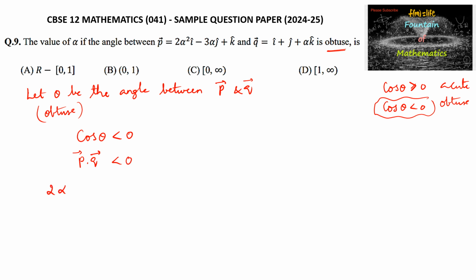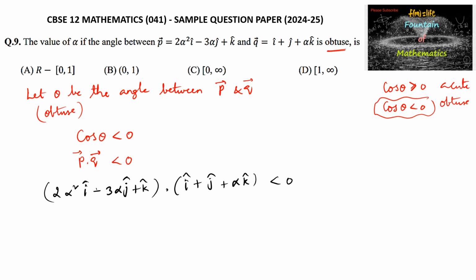So we can write (2 alpha square i minus 3 alpha j plus k) dot product with (i plus j plus alpha k) should be less than 0. That is 2 alpha square into 1 minus 3 alpha into 1 plus 1 into alpha should be less than 0.